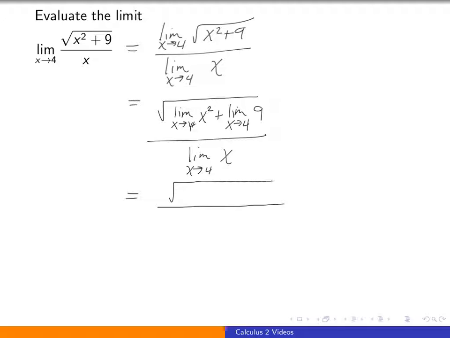So in the top, as x approaches 4, we can simply think of taking that 4 and plugging it in. It becomes 4 squared. The limit of a constant is always that constant. And as x becomes close to 4, well, x becomes close to 4. So this becomes the square root of 25 divided by 4, which is 5/4.